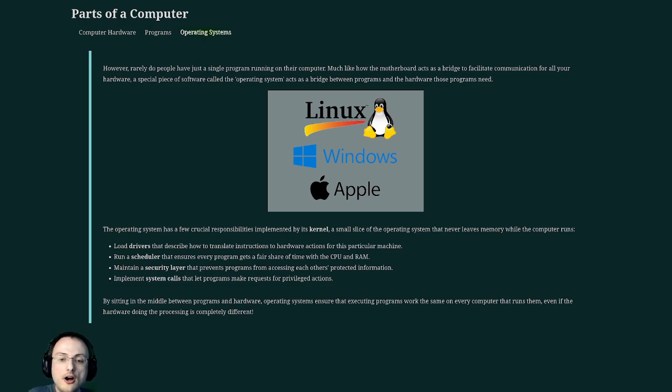But what all of these operating systems have in common is that they implement a few crucial responsibilities that tell the hardware how to balance all of the different things that they need to do.